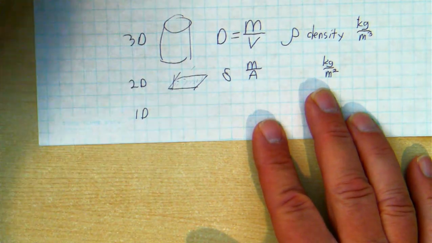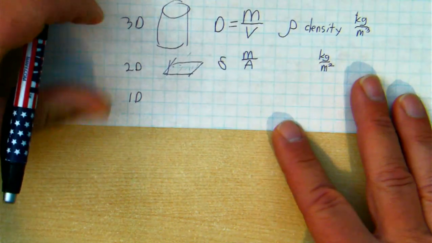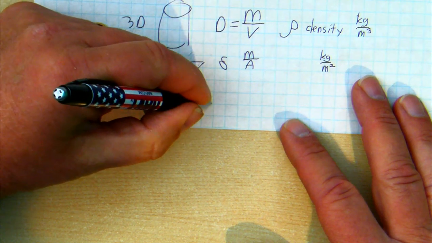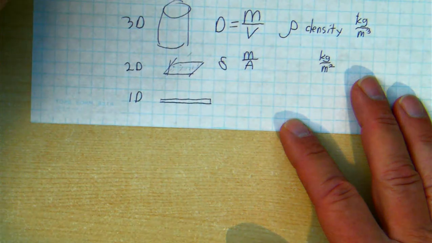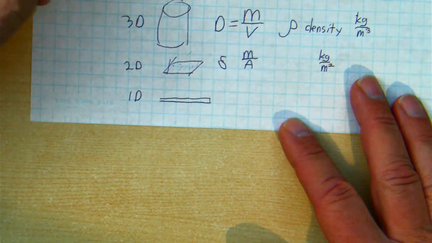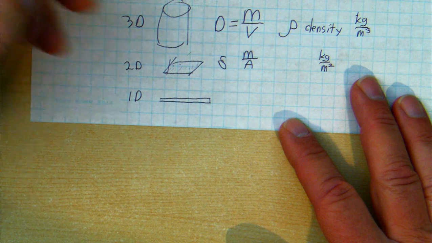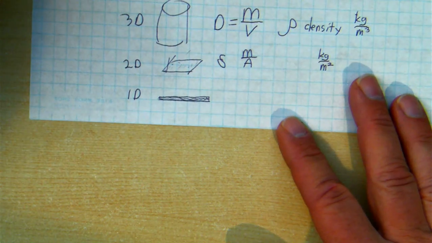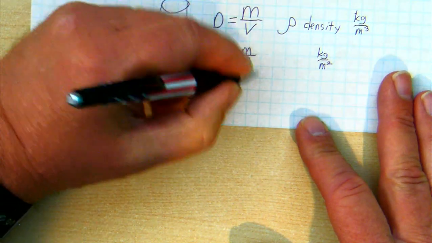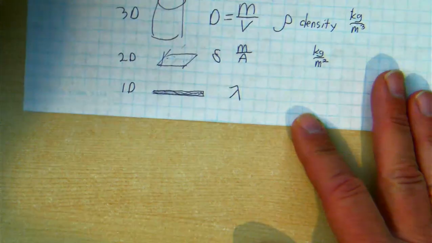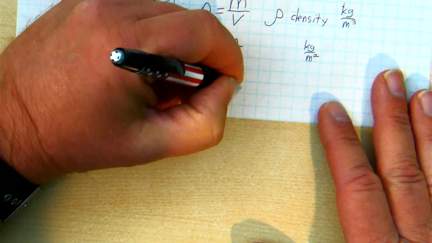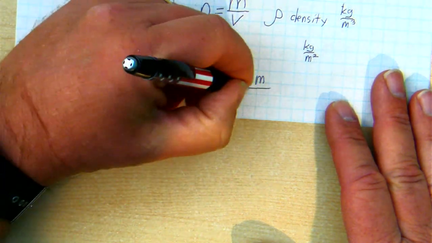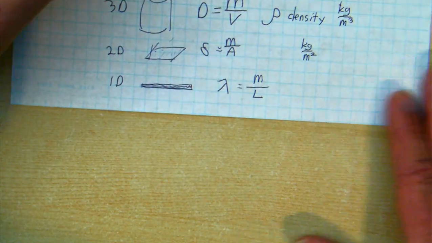But we can even simplify it down to one dimension and say I have a pencil or some other long, thin rod where I don't care about the second or third dimension. I'm just going to treat it like a long, thin rod of some sort. The symbol they use for that is lambda, and that would be the mass of the object divided by its length.